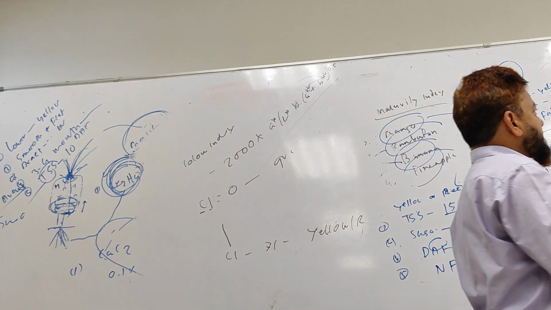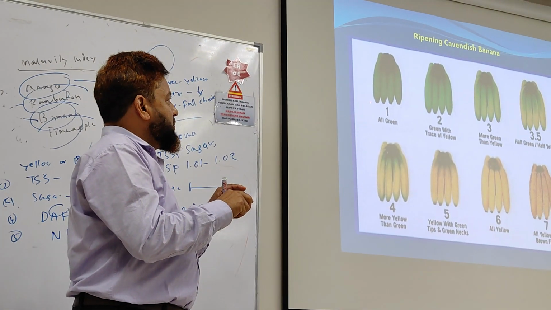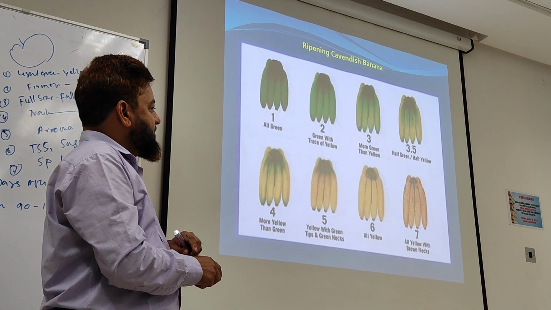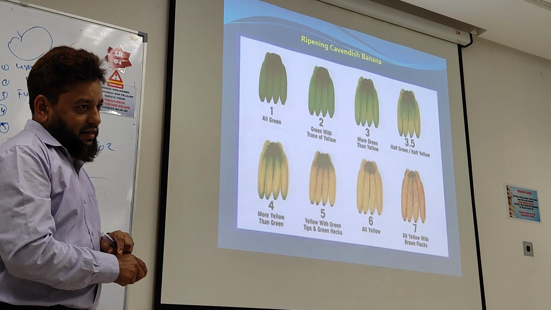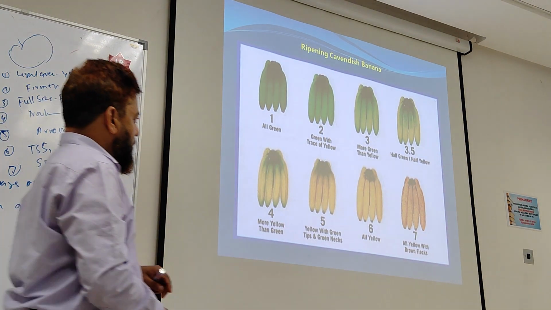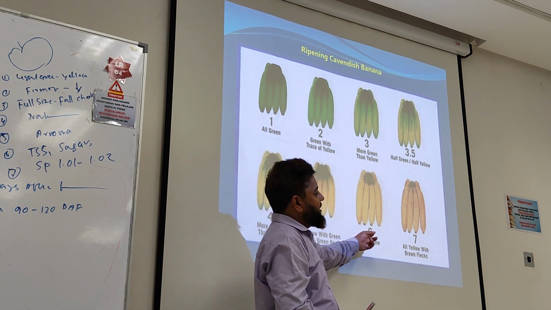Here you can see one is green. The peel color is green, which means the fruit is unripe. Here you can see this value, it means overripe. Now here you can have 6, 7.